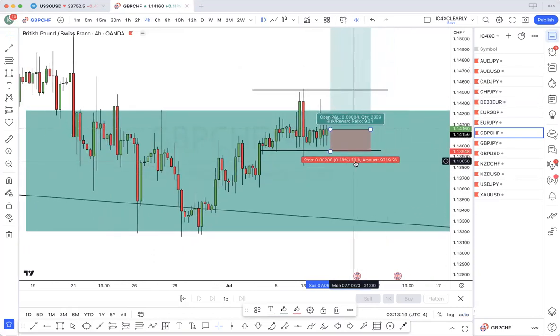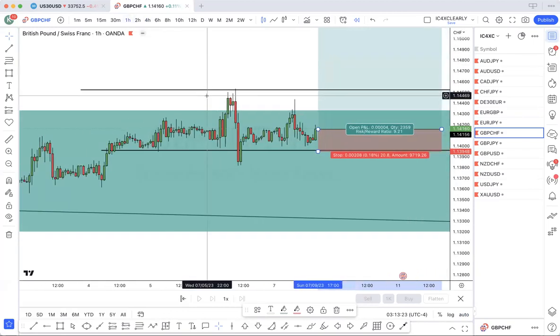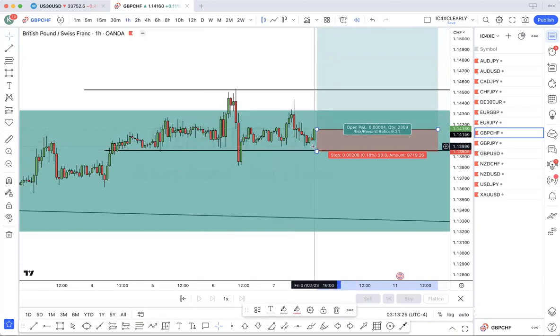It's possible to get that even smaller if you want, but there's still these equal highs, this liquidity right here, these equal lows. So I would definitely keep the 20 pips below this zone.